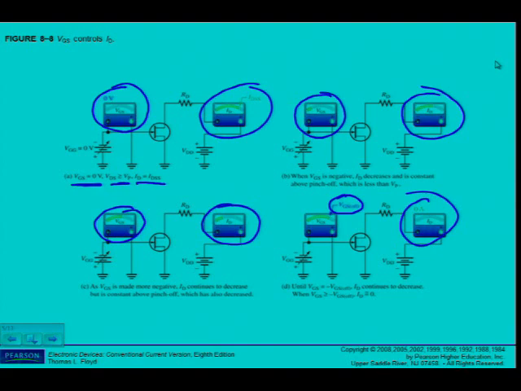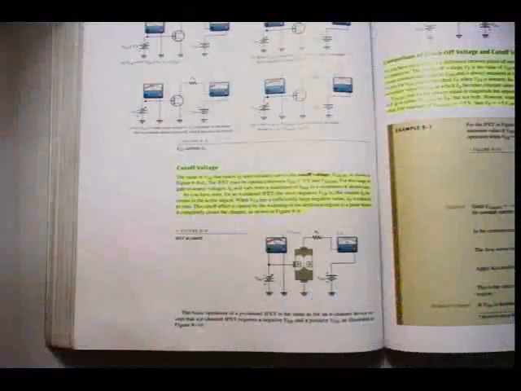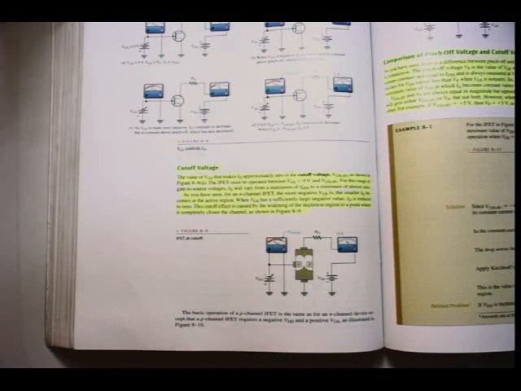Alright. That brings us to the point on page 374, cut-off voltage, just below figure 8.8. The value of VGS that makes ID approximately 0 is the cut-off voltage, VGS off, as shown in figure 8.8D.